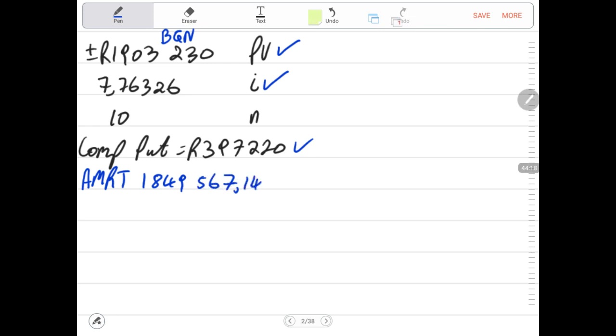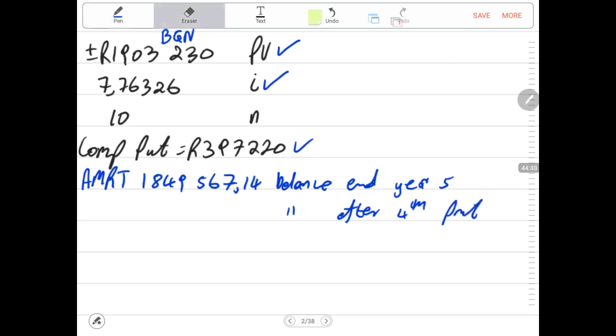So this is the balance after the fourth payment was made. Balance after the fourth payment was made, which is the balance at the end of year 5.